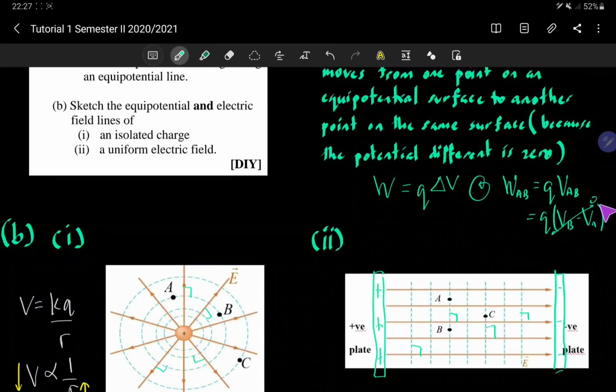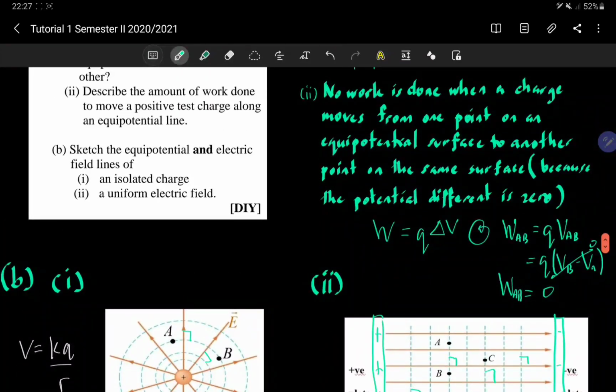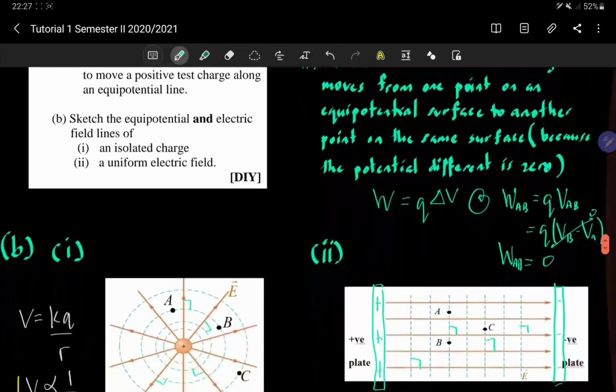So by getting 0 here, multiplied by Q, it gives you 0 work. That is why, on the same surface or same line, there is no work done in moving the charge, because the potential difference is equal to 0. Alright, so this is the answer for question number 6.